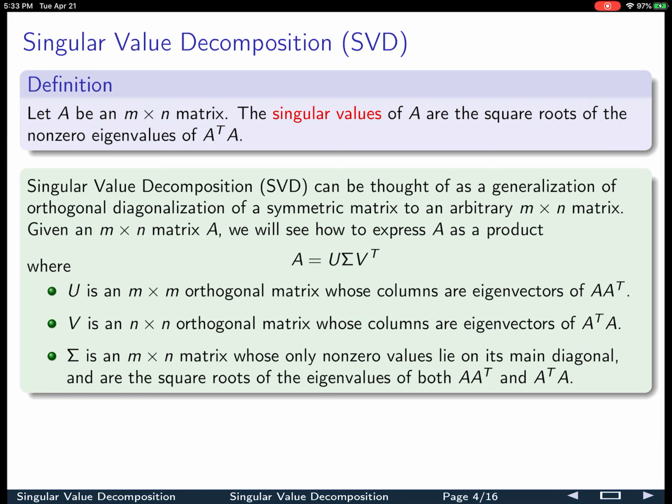So yeah, it's very similar to what we've done with orthogonal diagonalization, except in this case, we're kind of making the best with what we're given.